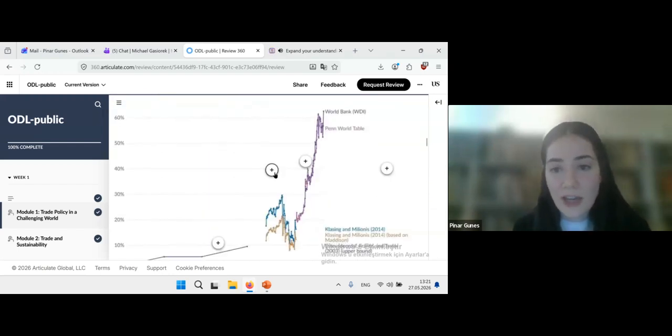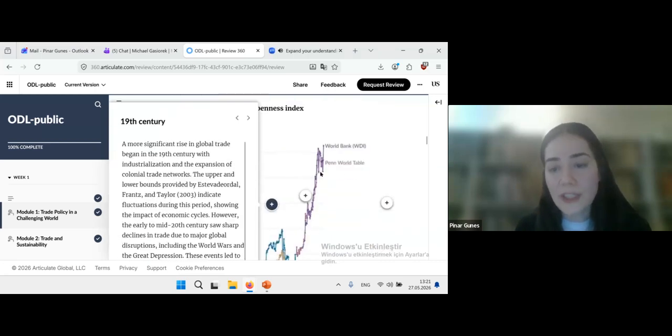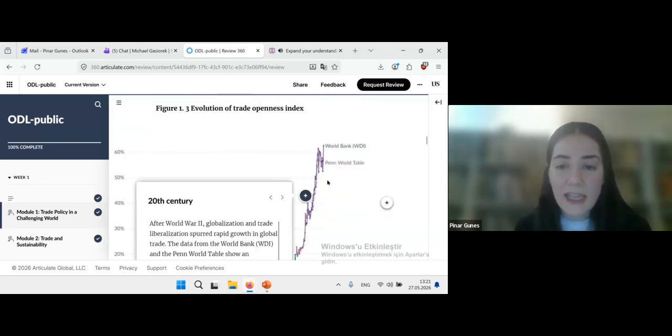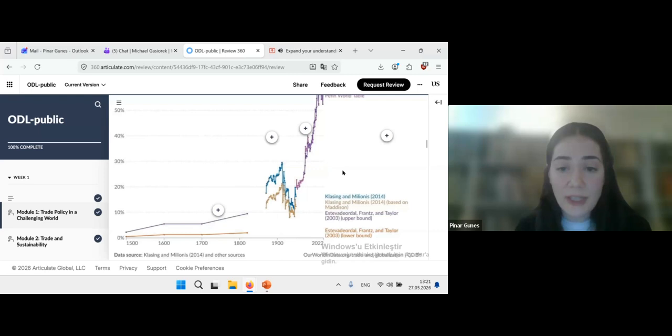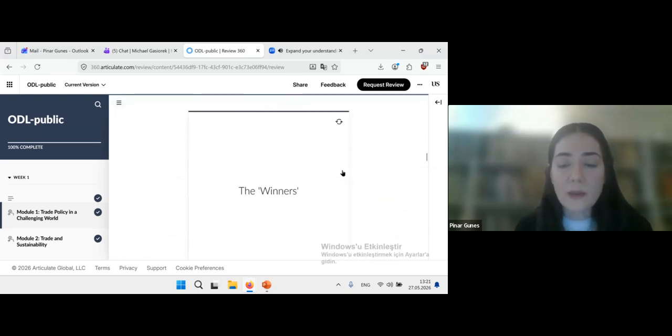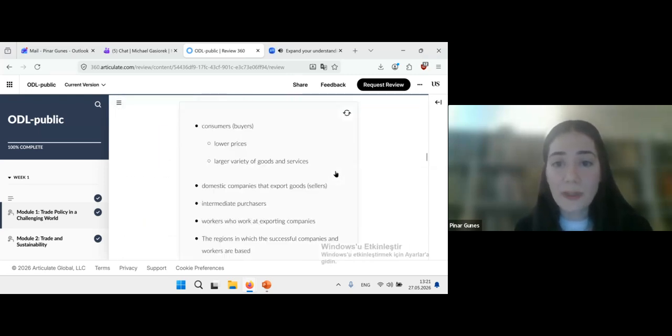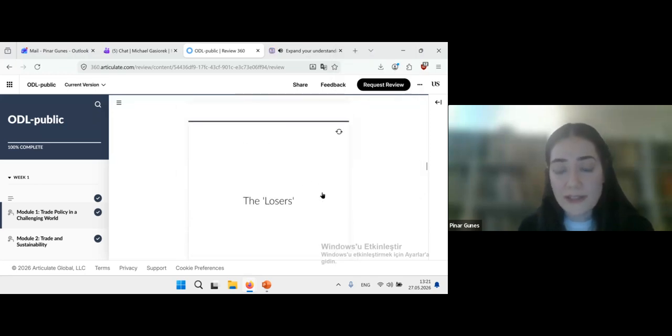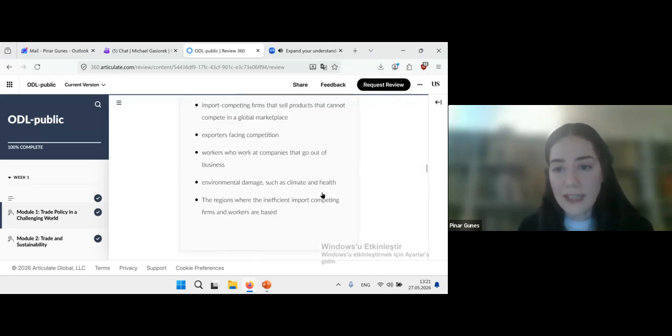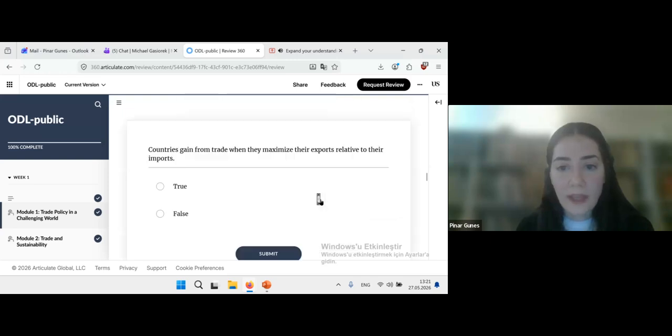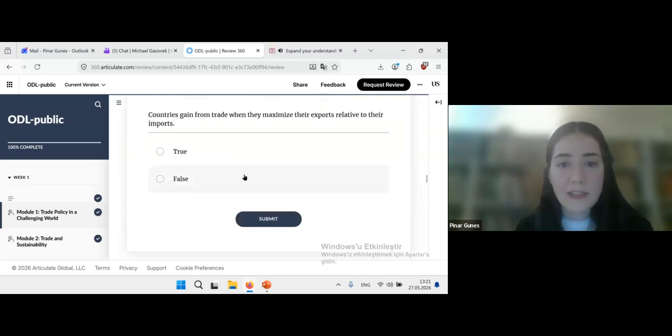And these graphs are mostly interactive. For example, you can click on the plus signs and you can see and read the descriptions. And we have such flip cards where you can click on and read the descriptions like this. And then we have, as I said, interactive quizzes.